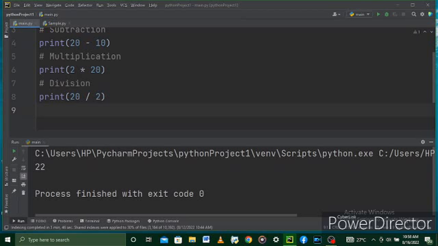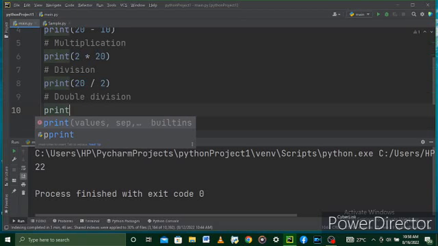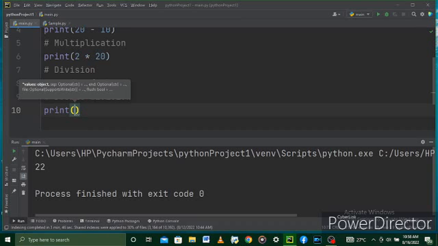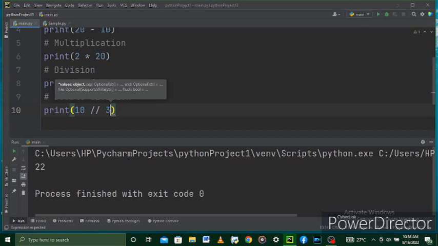We denote that with the double division. Example, let's say 10 divided by 3.